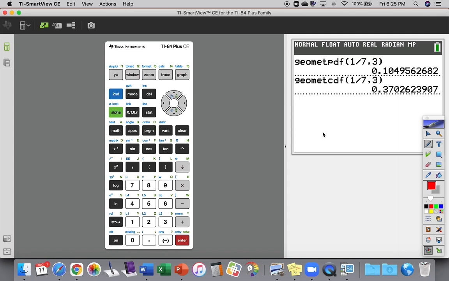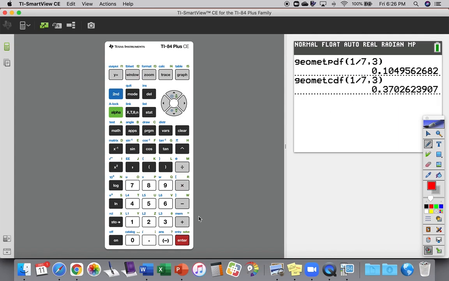It's cumulative with ORs, meaning will the first success be picked on the first student or second student or third student? So this is doing 3 PDFs at once. It's doing success on the first, success on the second, success on the third, and adding them up.